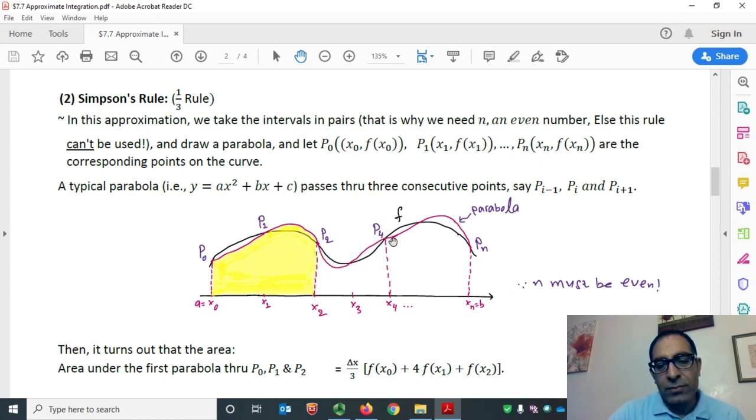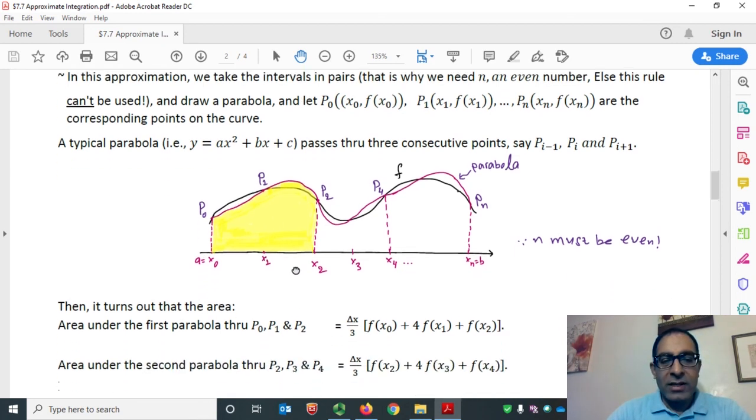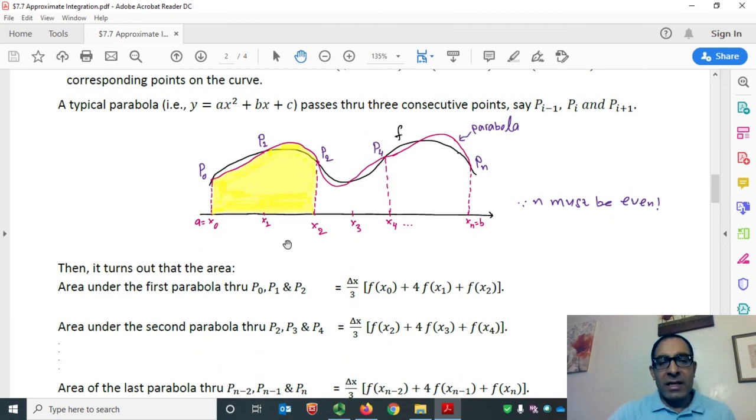So we take points in pairs of intervals. Two intervals have 3 points, and 1 point is common. Then we find the area below each parabola, this is the first parabola, this will be the second parabola, dot dot dot, and we have an nth parabola.